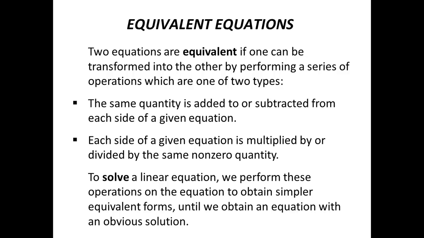We can achieve this by adding and subtracting the same quantities from both sides of the equation, and by multiplying or dividing by the same non-zero quantity. This will yield a solution to a linear equation.